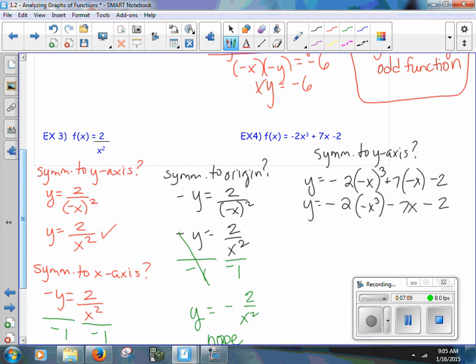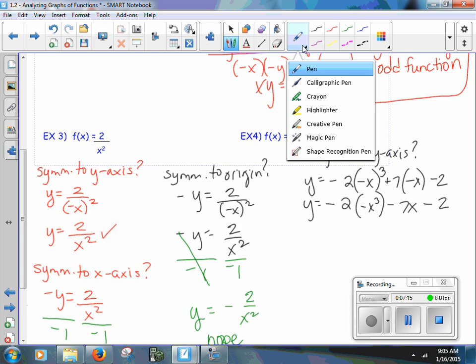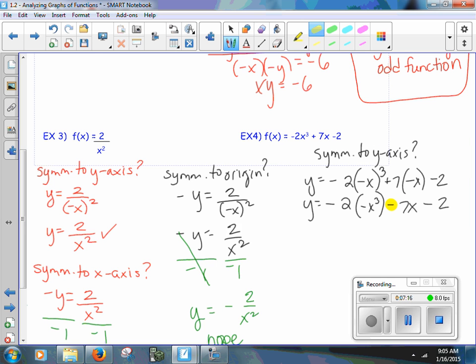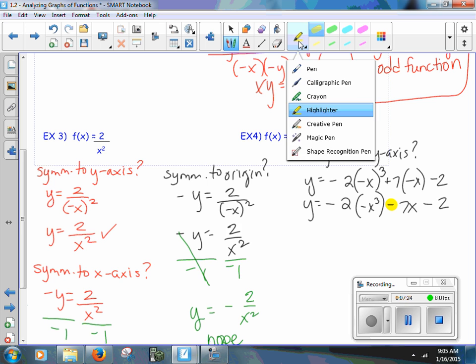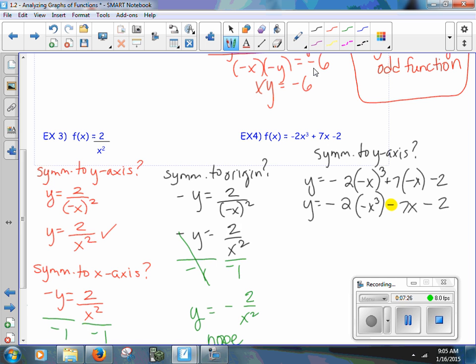Is that going to match the original function? Why? Because it's negative 7x. That right there is why it's not going to be symmetric. That negative 7x, it has to be plus 7x. Is everybody cool? So it's not symmetric to the y-axis.